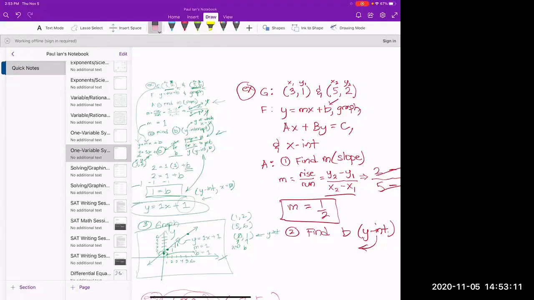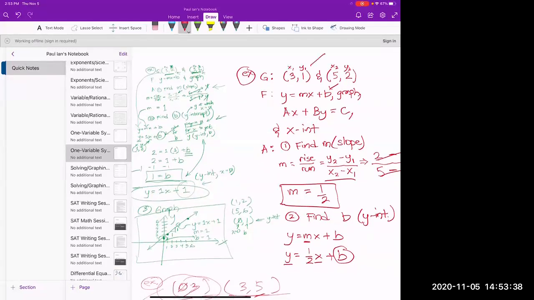Like if you're given points, you could just write this equation first. Y equals mx plus b. You already have m, right? Yeah. So this is y equals 1/2 x plus b. And remember, b is the one you're trying to find. And y and x are just coordinates of the line, right? Yeah.